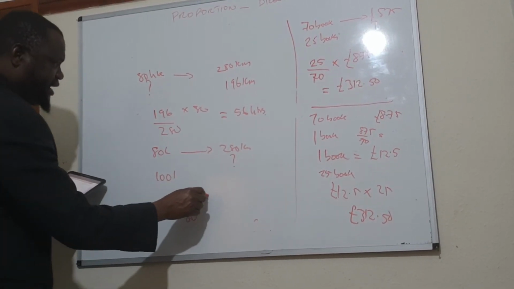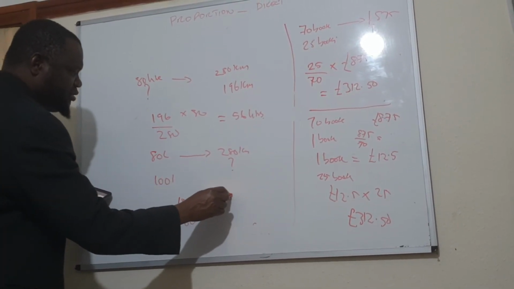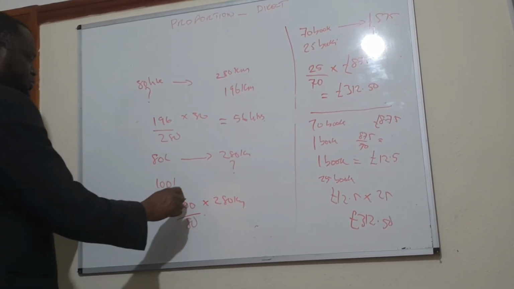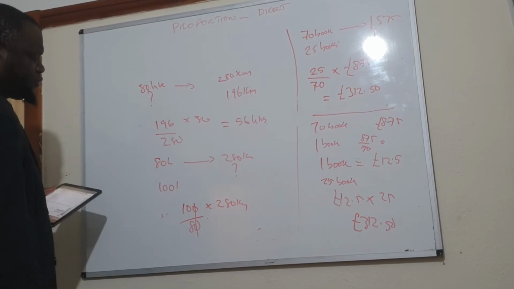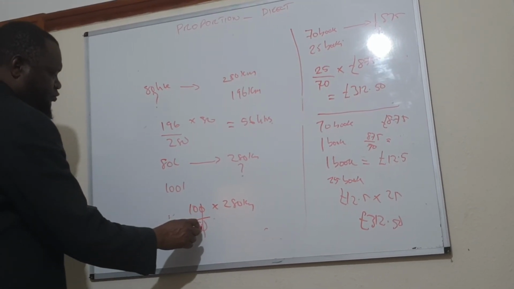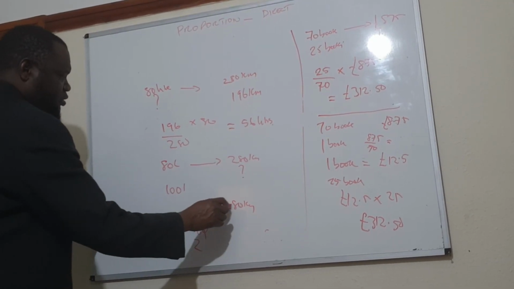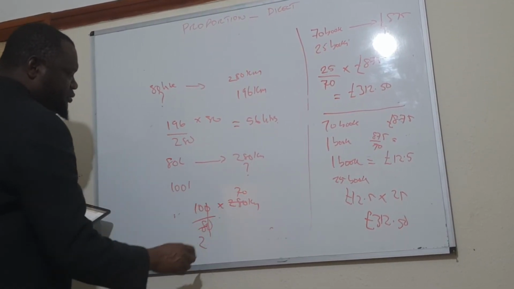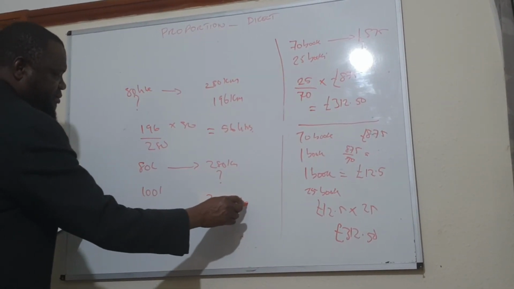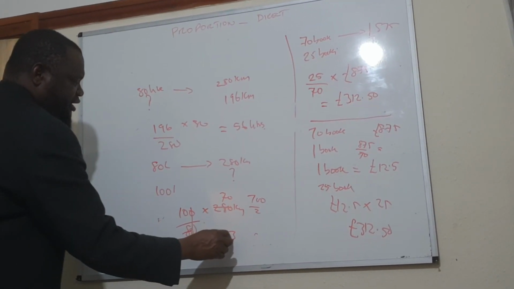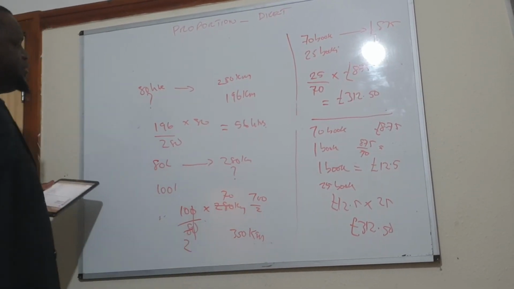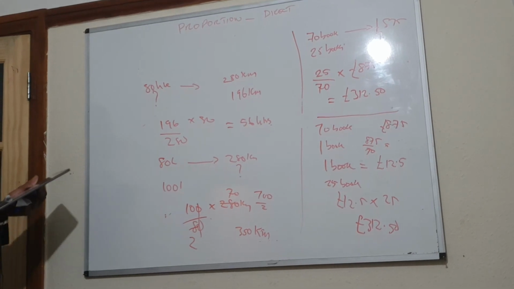Then that times 280 kilometers. 0 will cancel 0. 4 will go 2 times, 4 will go 70 times. 700 divided by 2 is 350 kilometers. I think this is the simplest method of doing it.